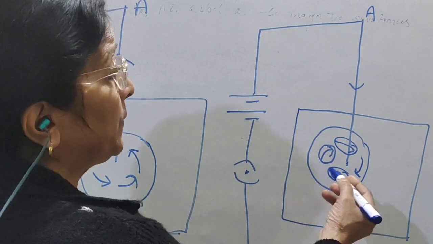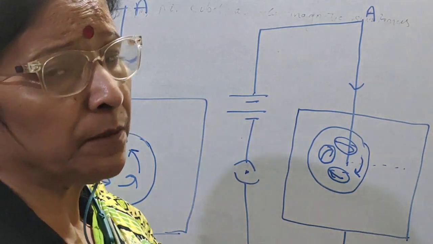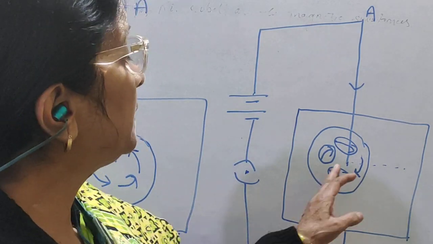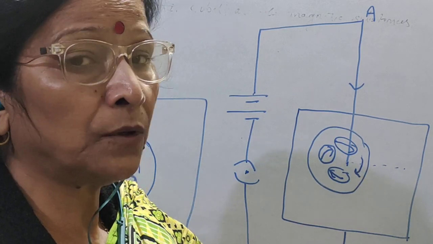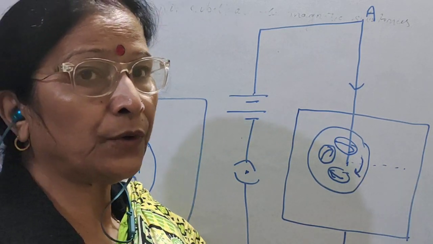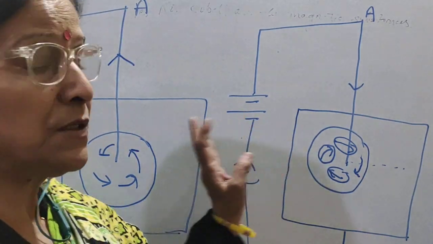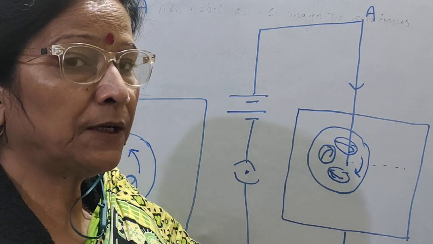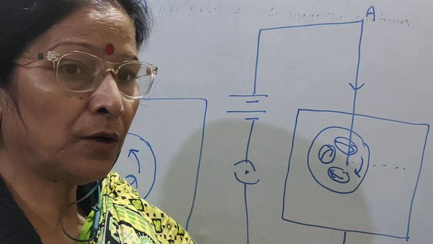Next, if we move away from the conductor, it is obvious, everyone can say without studying, that the strength of magnetic field will go on decreasing. So these things we studied in this topic, and in the next video we will study the magnetic line of force around the circular loop.